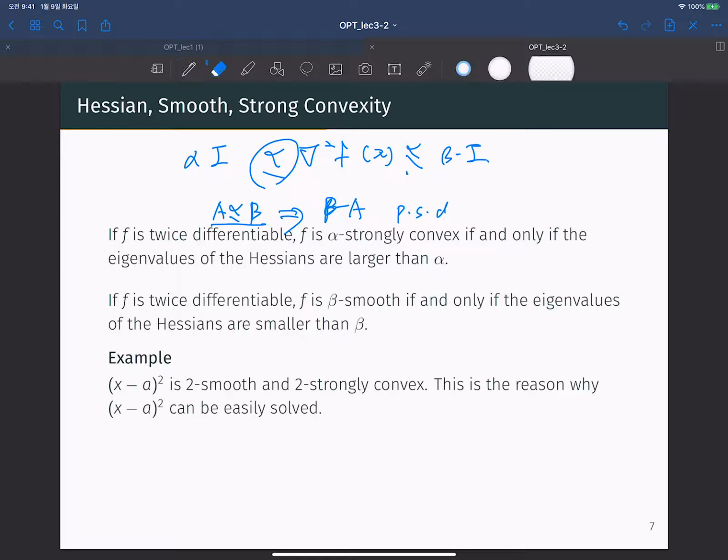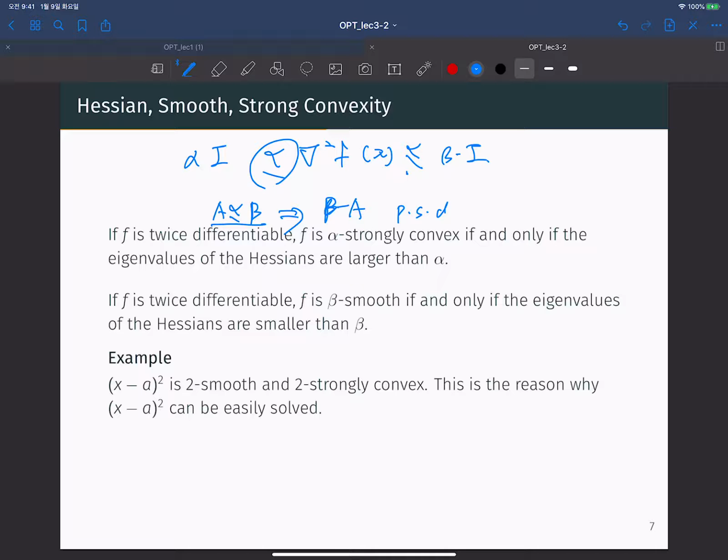Okay, so the quadratic function (x minus a) squared, with any constant a, is a very nice function. As we discussed earlier, this is a very simple optimization problem, and even with the gradient descent algorithm, we can find the solution from any starting point with one single update. So why is this easy?